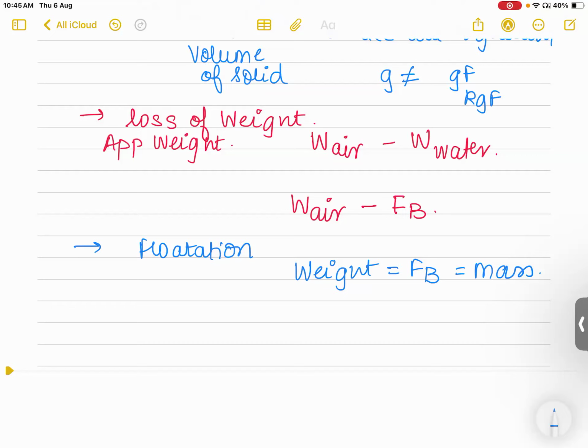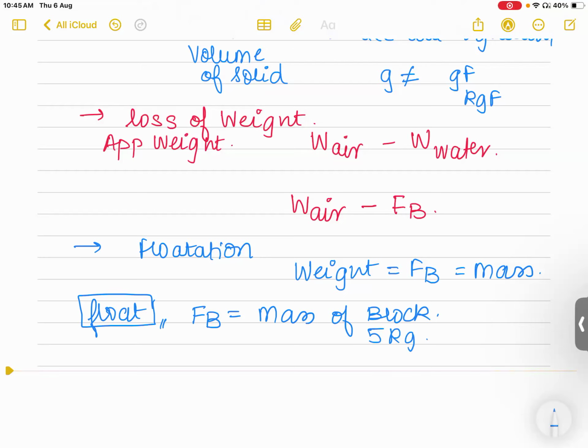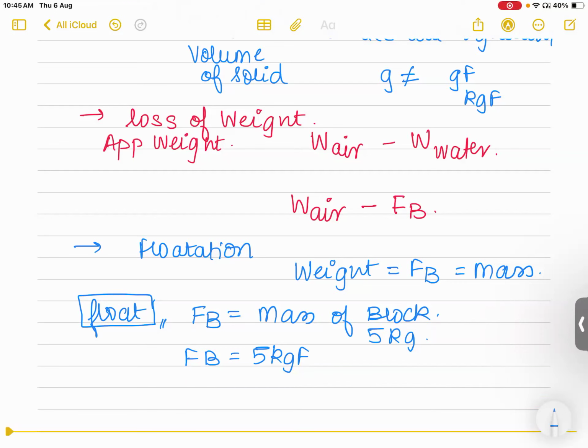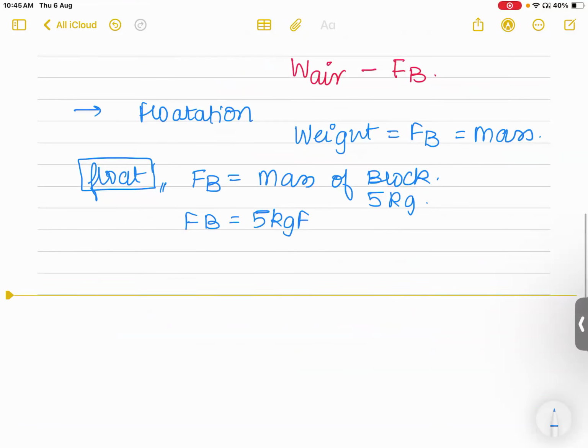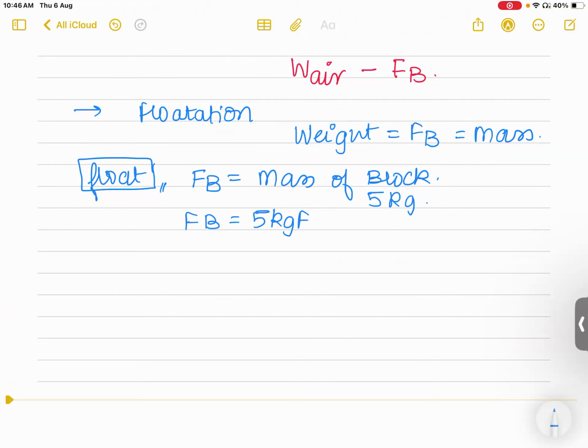Now, since it is a hollow wooden block, can I say that the wooden block will float, students, because it is hollow? Now, since it is going to float, the value of FB for that wooden block will be the mass of the block which is given to us. Let us say that they have given me the mass of the block as 5 kg. So upthrust at that moment of time will be 5 kgf. If I need to find out the value of FB for any object which is going to float, it should be equal to its mass.